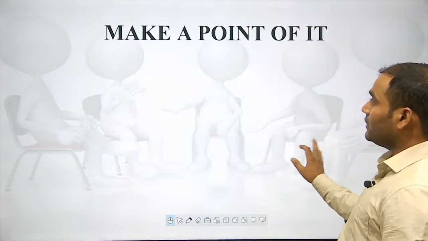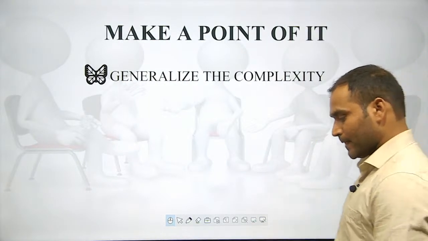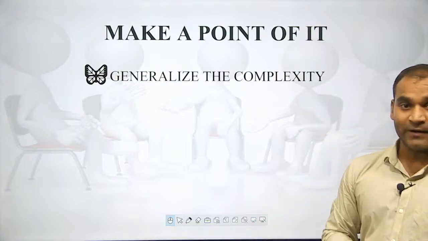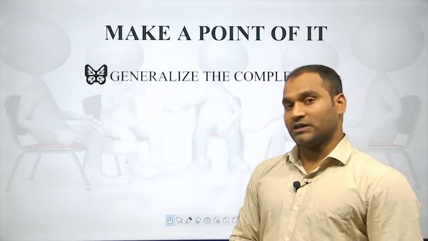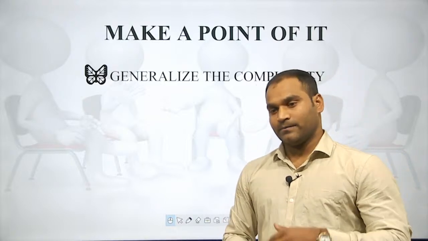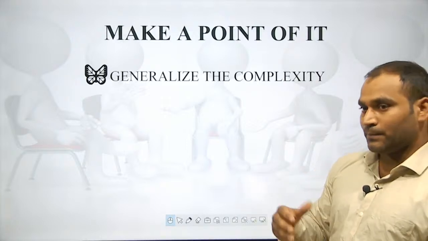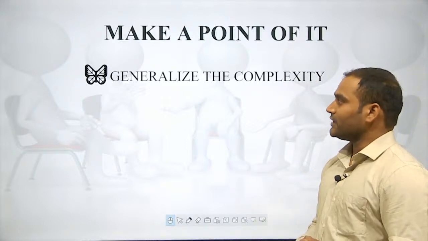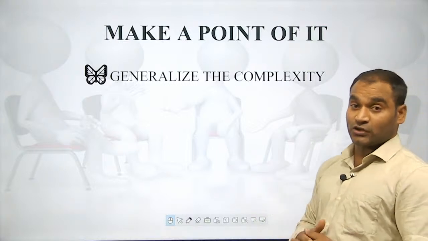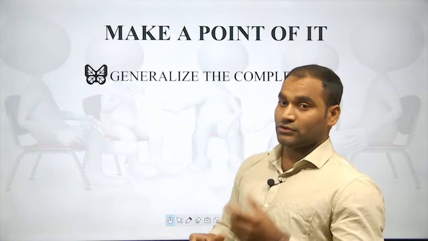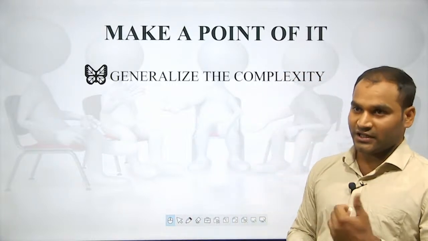First is to generalize the complexity. The topic is of course a little complex in nature, and some of the interlocutors may not be able to understand it. If some members of the group cannot understand, the person who initiates the group can generalize the complexity of the topic. For example, say the topic is euthanasia. First you should know the term, then explain it, and then give your opinion regarding the lead.